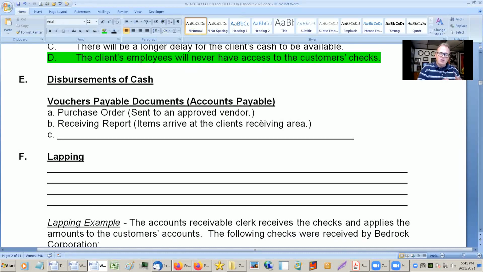Usually the receiving report is a purchase order.